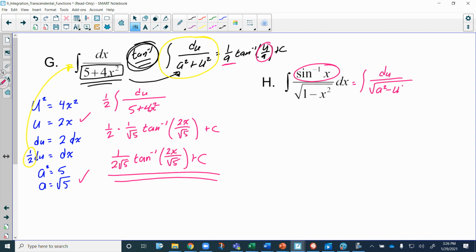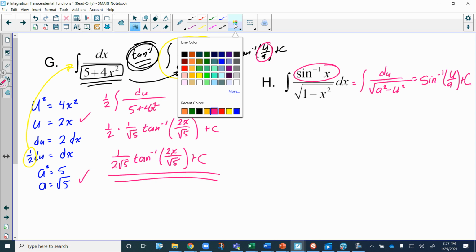When I take the integration of it, it will be inverse sine of u over a, plus the constant of integration.